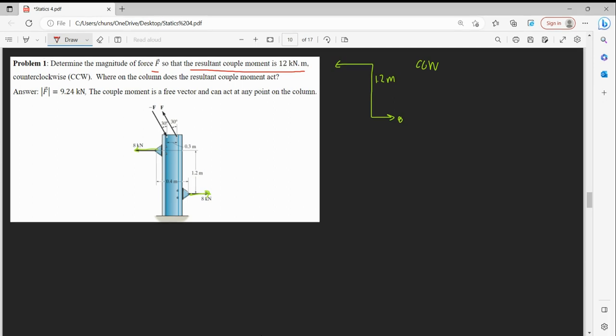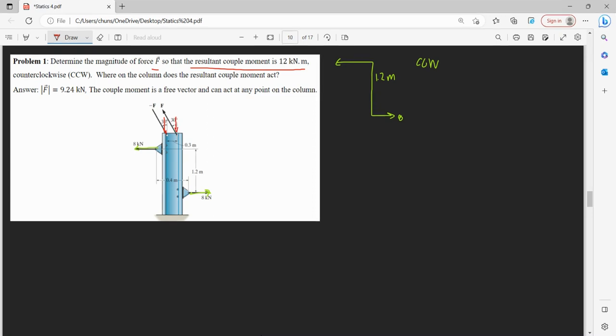So what we're going to do for that, we're going to do downward and upward component. So this is our downward component, which is F cos 30.